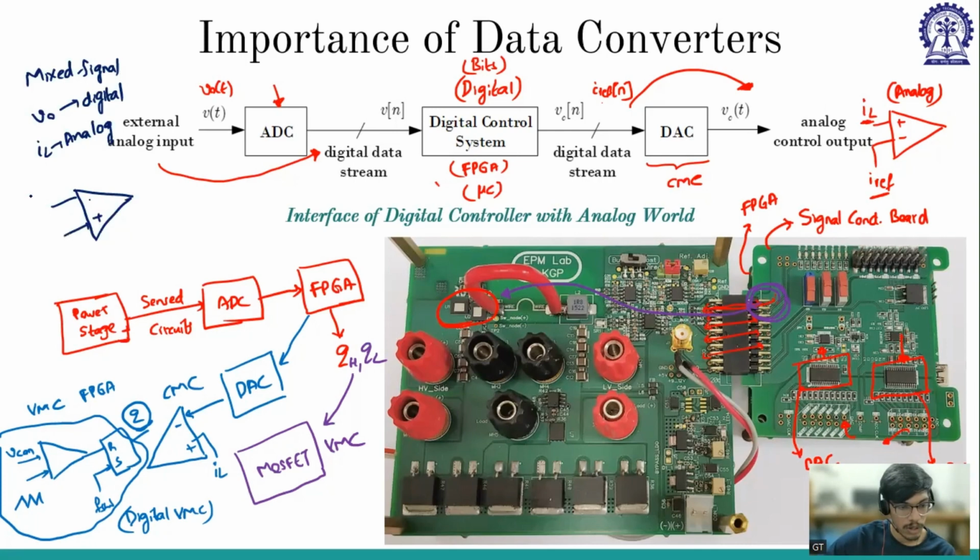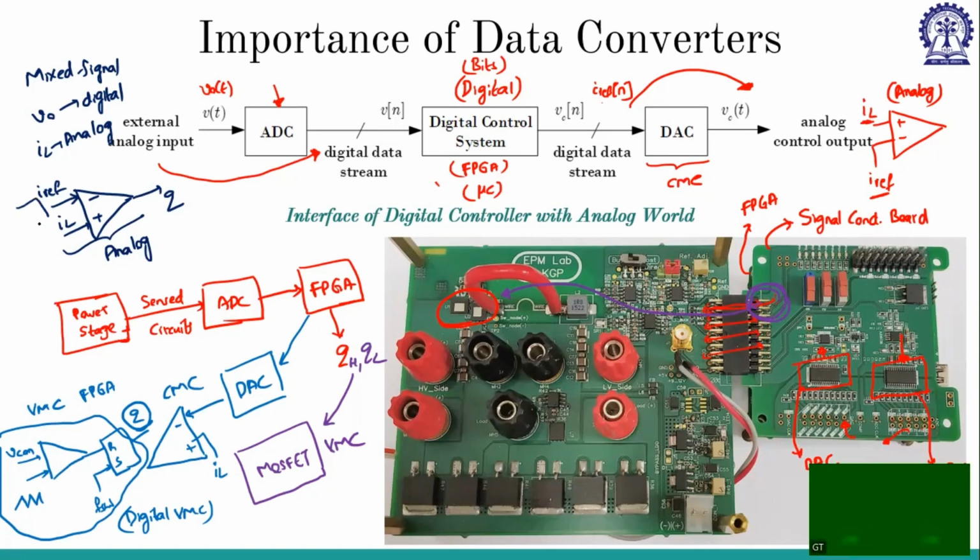So this I reference and this IL, these are in the analog domain. Okay, so this is Q. Now I reference is the control voltage, the output of the controller. But the controller is in the digital domain, so it has to be converted into the analog domain.